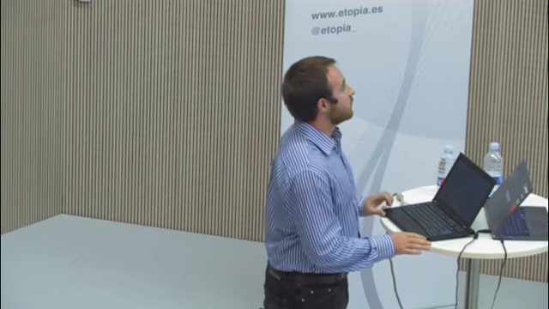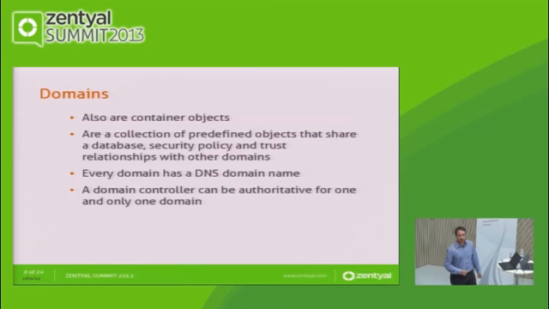We also have to note that a domain controller is authoritative for one and only one domain. That means we can have various domain controllers inside a domain, but we cannot have two domains installed on the same computer.